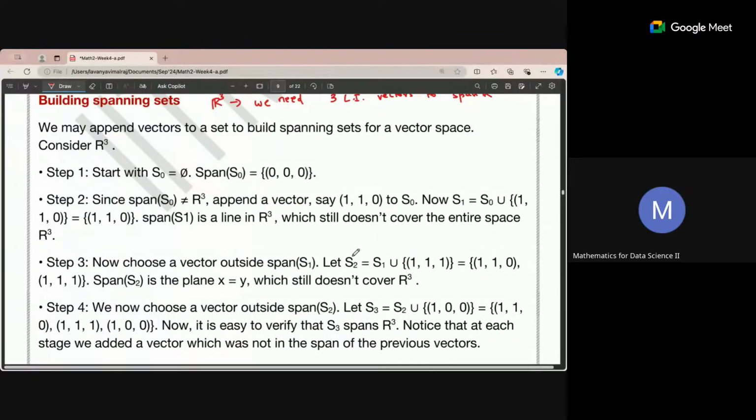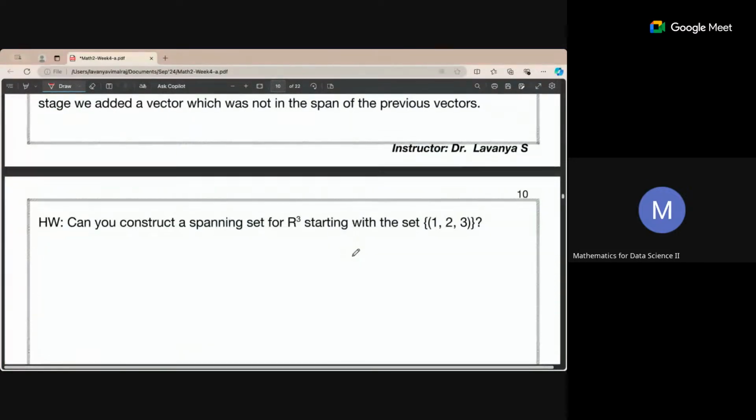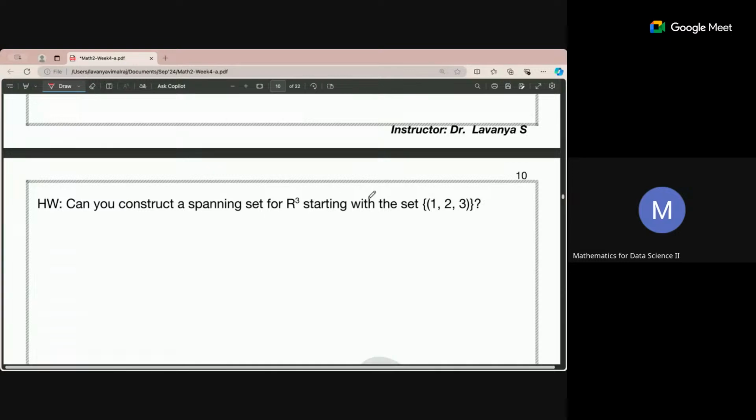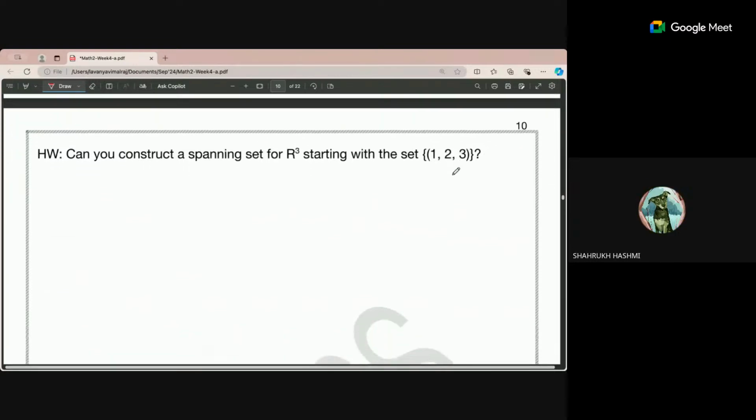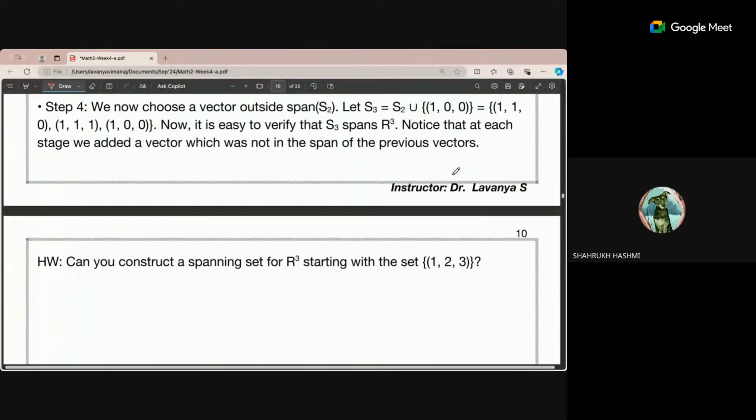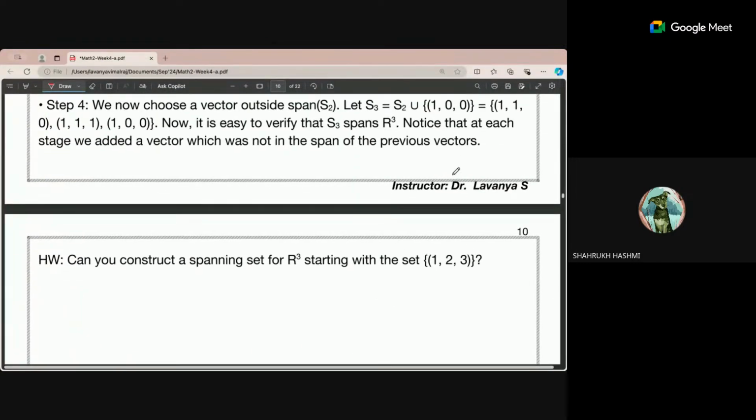Okay, using these steps, it is homework for you to build a spanning set starting with this vector. We have to find two more linearly independent vectors. Yes. It cannot be unique.